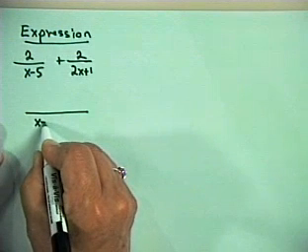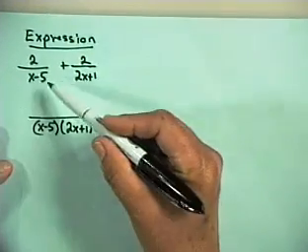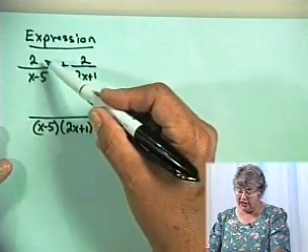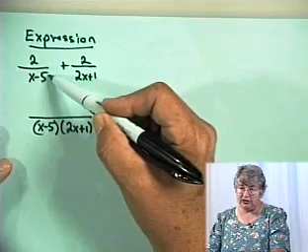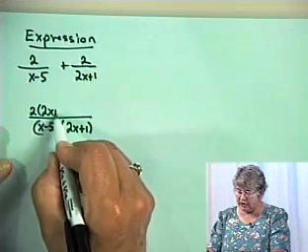So when we get a lowest common denominator, times 2x plus 1. Now, if you remember, if I need to have a denominator which has an x minus 5 and a 2x plus 1, for this first term I'm going to have to multiply numerator and denominator by 2x plus 1. So it's going to be 2 times 2x plus 1.